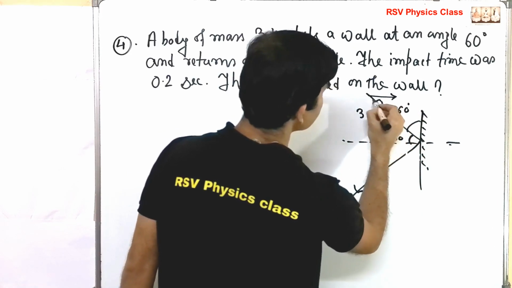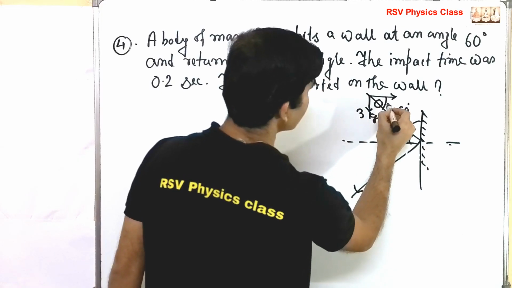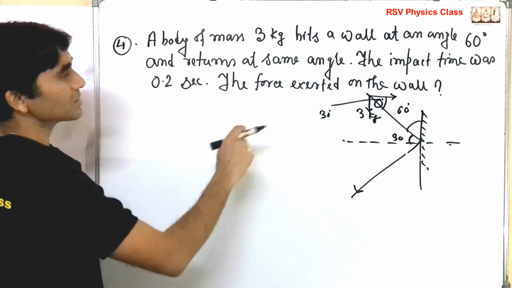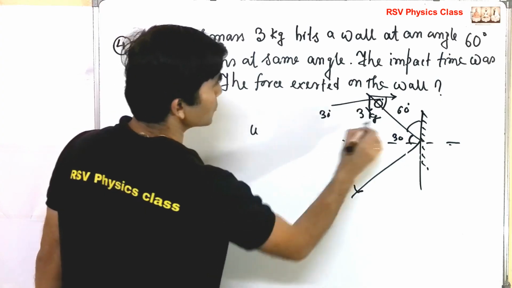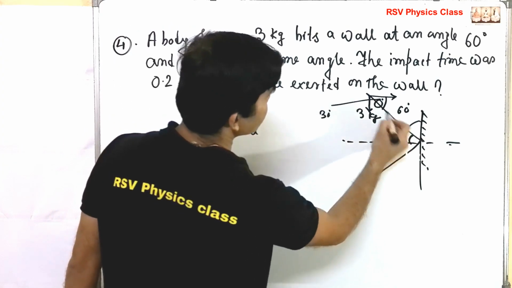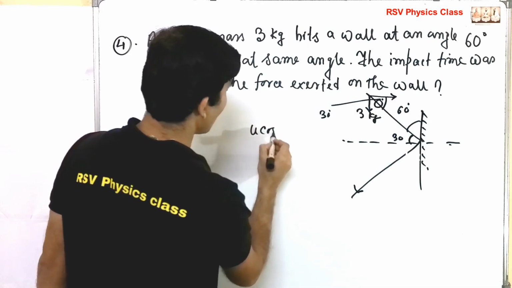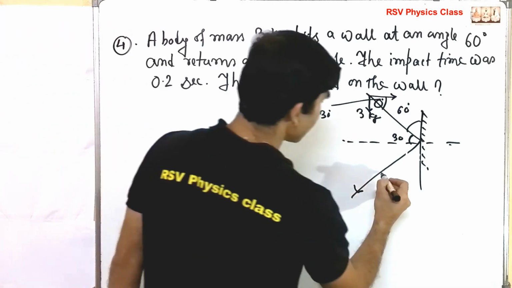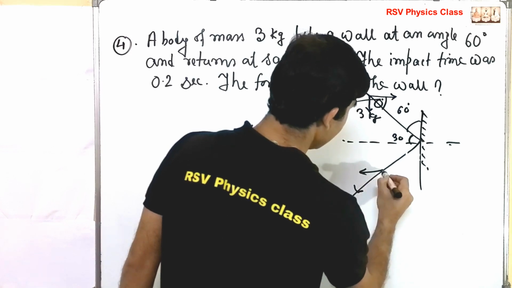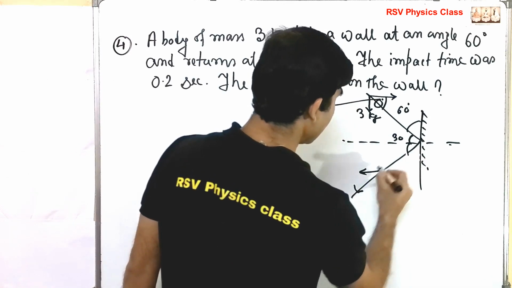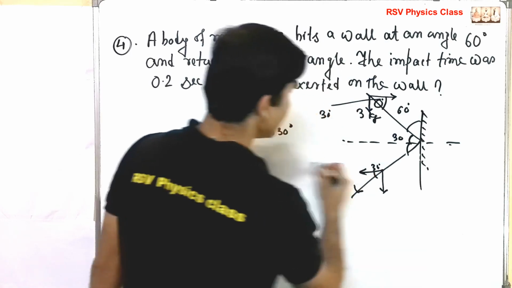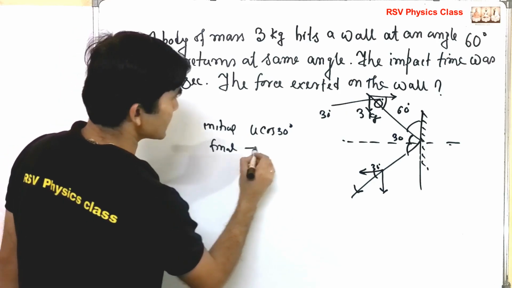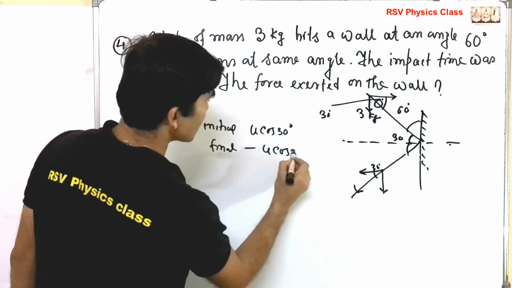If you take components, this angle will also be 30 degree. So the initial speed is u, and along the normal, the initial is u cos 30. In reflection, this angle and this angle are the same, so this is 30 degree. Again, this is initial and what will the final be? Final is minus u cos 30.